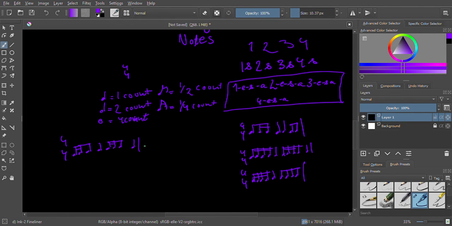I'm taking quite a bit of space. Oh, it's not that legible, I'm so sorry. I should have written it slightly bigger.